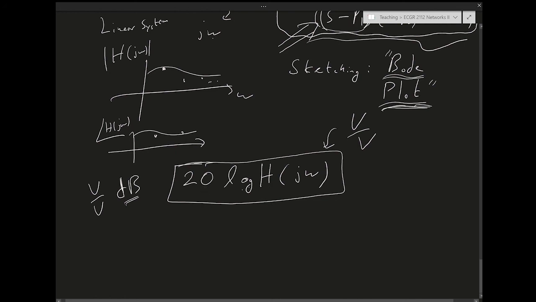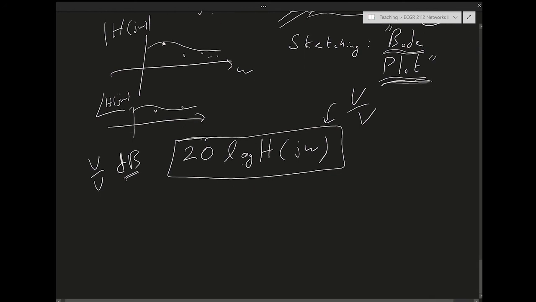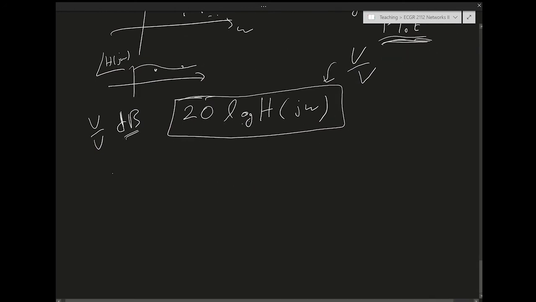It has to do mostly with power, because dB is actually a unit that has to do with power. It's defined for power signals to be 10 log of the power. But because power in electrical circuits is proportional to V squared over, let's say, R, the square can be taken out of the log.